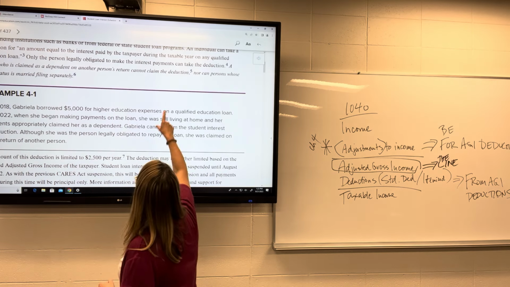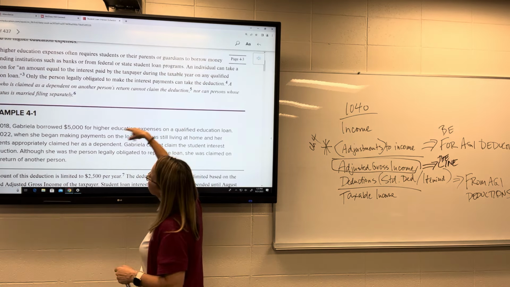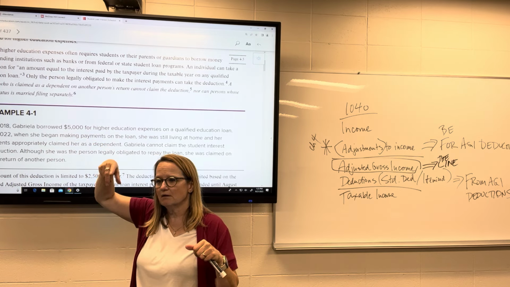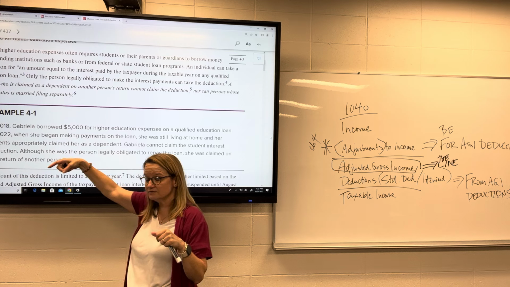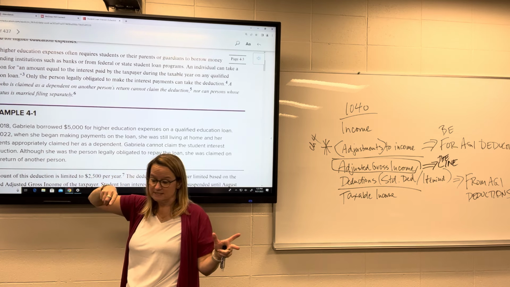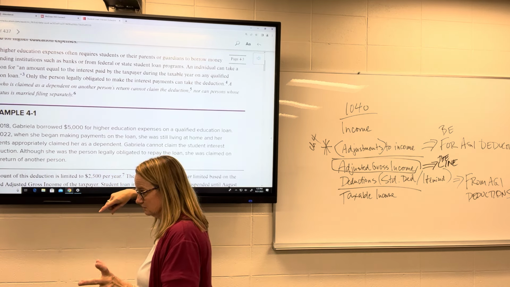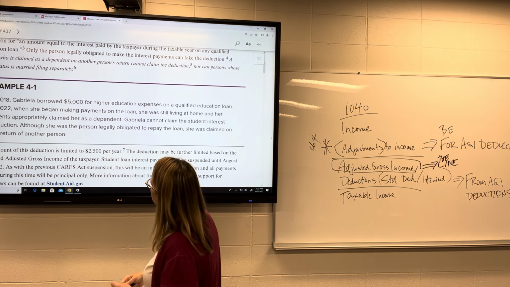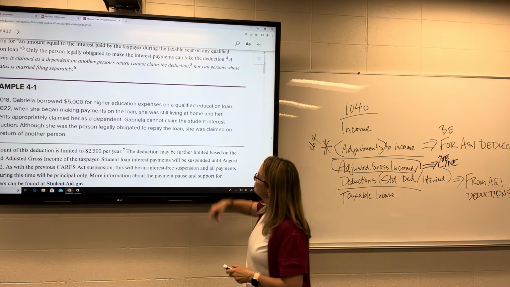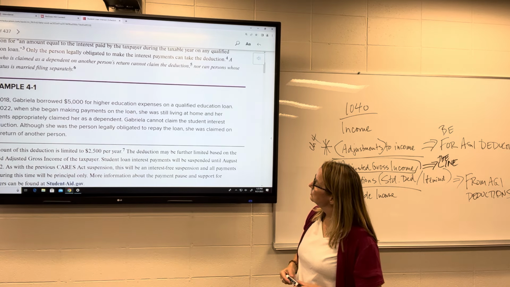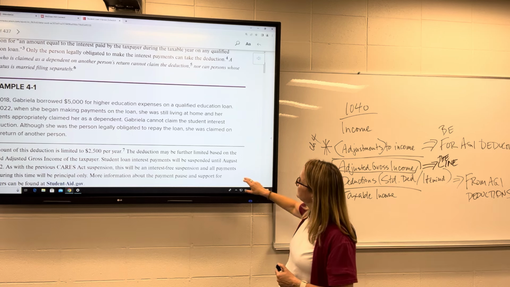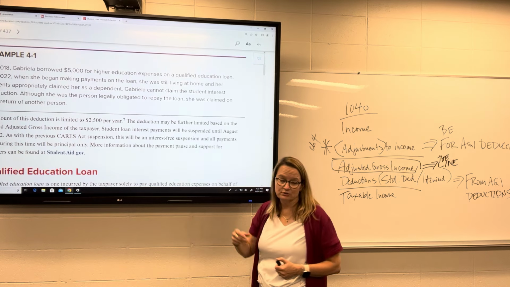So if the individual who is responsible for making the payments on the loan is a dependent of somebody else, they don't get to take the deduction. In this case, she cannot claim the student loan interest deduction. Although she was legally obligated to repay it, she was claimed on the return of somebody else.